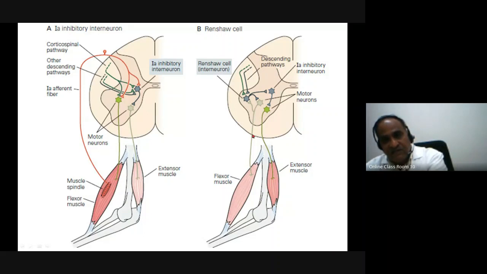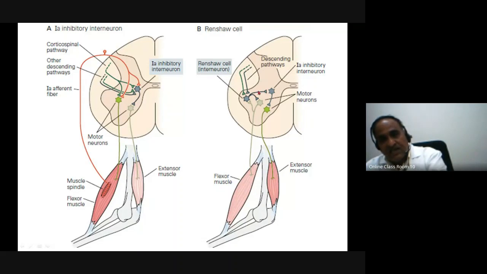Because the activity is going, and this is activated, and once it is activated, it wants to stop. At the same time, this also inhibits this interneuron. Look at this: it inhibits this inhibitory interneuron supplying the opposite muscles, that is the extensor muscle. This is what is happening in the flexor muscles, and this is what happens to the extensor muscles.